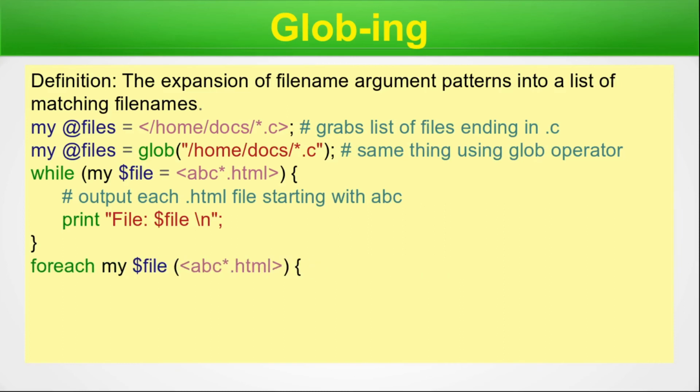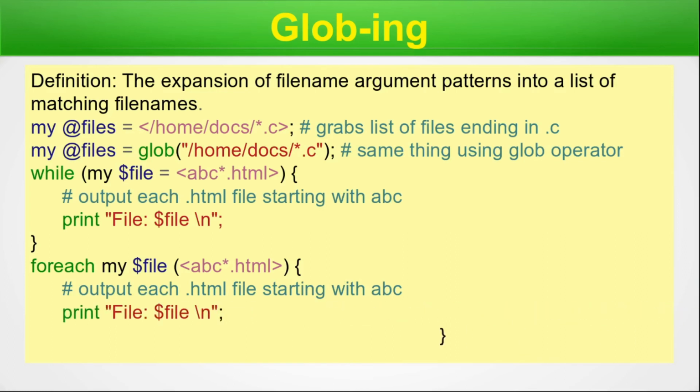And similarly here we can do the same thing with the foreach loop. Here each $file will contain each file, and we can print the names of the files. So this is how we can do globbing by different methods.